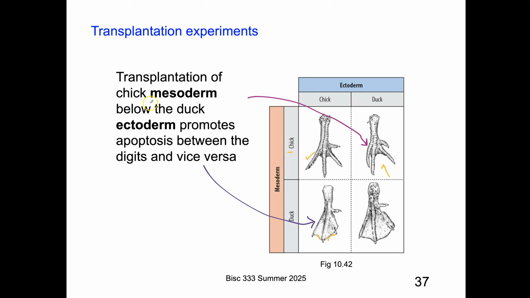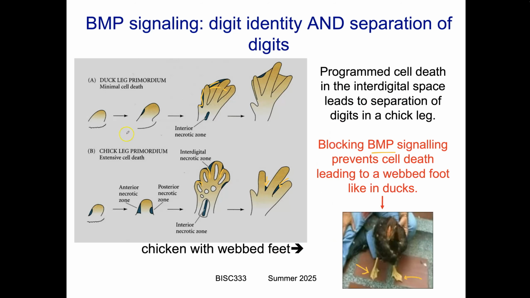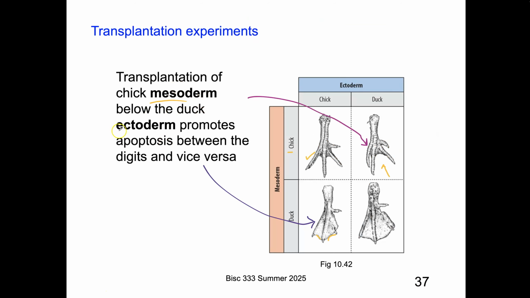So if you transplant the chick mesoderm below the duck ectoderm, then it promotes apoptosis and causes the separation of the digits, and vice versa, right?